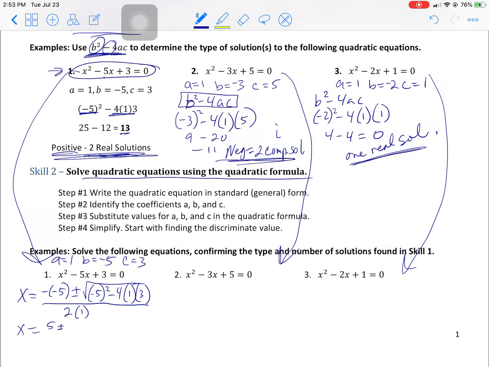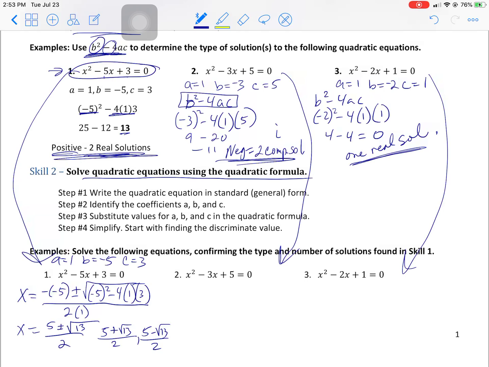Plus or minus stays there. And we calculated our discriminant above, which is 13 over 2. So our final answer is 5 plus square root of 13 over 2, comma, 5 minus square root of 13 over 2. Those are two real solutions.